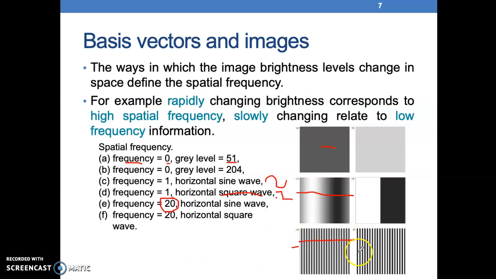But for F, still the same, the frequency is 20. You count 1, 2, 3, 4, 5, 6, 7, 8, 9, 10.